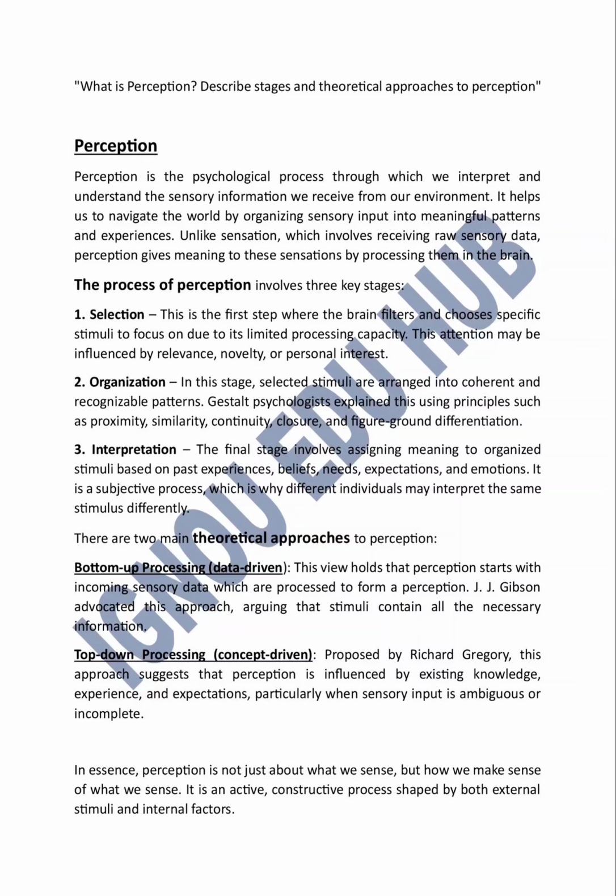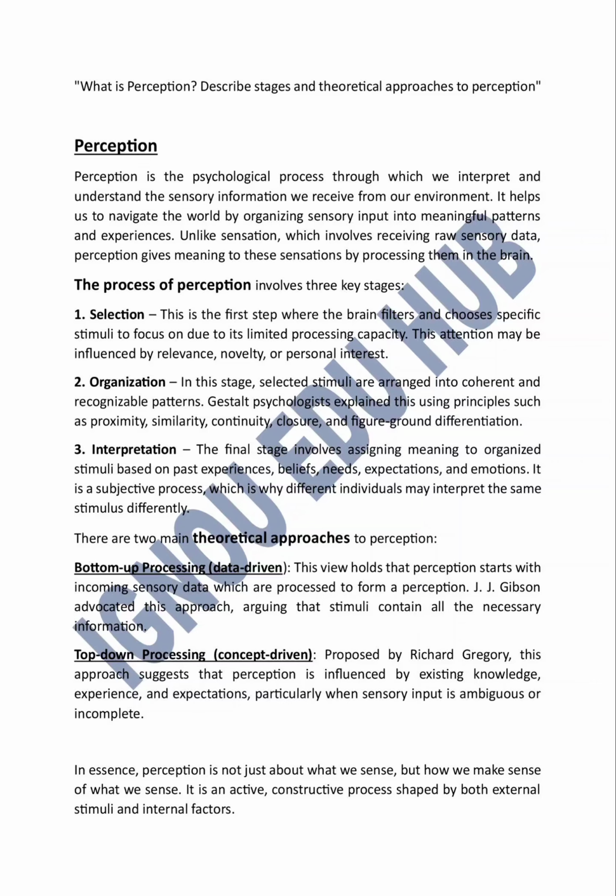Next, the theoretical approaches to perception. Mainly two theories, bottom-up process and top-down process. First, bottom-up process. This view holds that perception starts with incoming sensory data which are processed to form a perception.